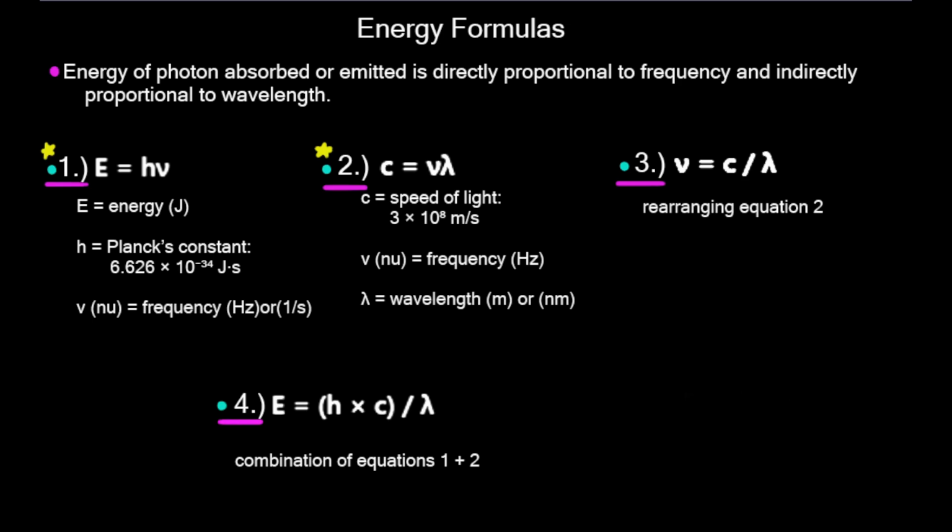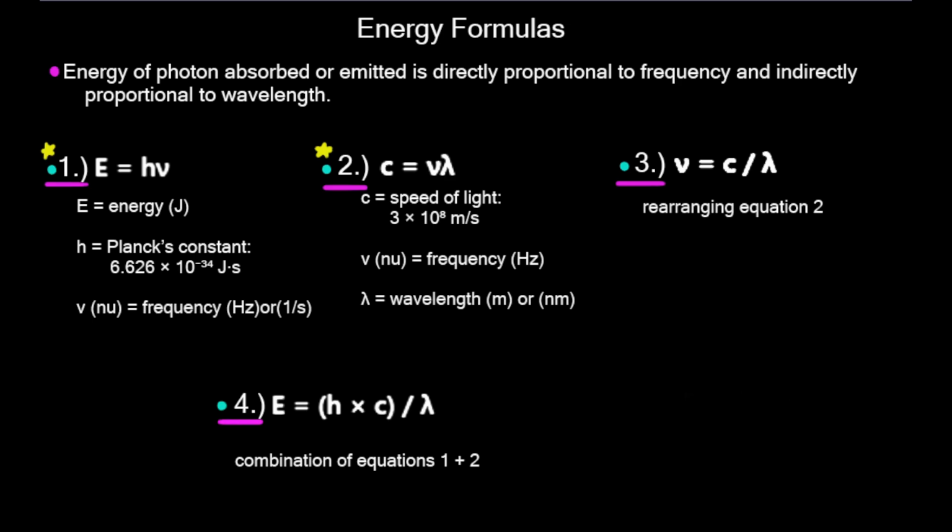Importantly, the energy released during this fall is exactly equal to the energy that was absorbed when the electron jumped up to a higher energy level. So to figure out the energy of that photon, we use the first equation listed for number 1. This equation is E equals h times nu.